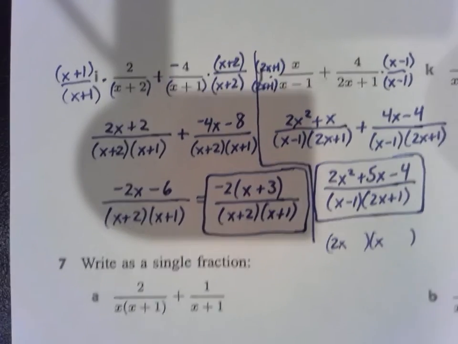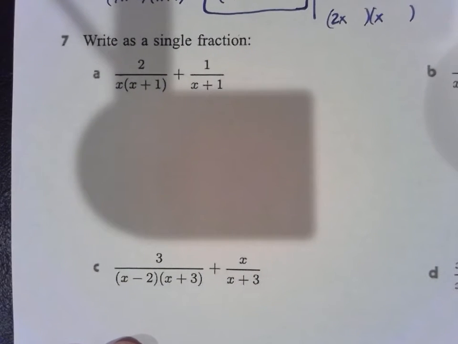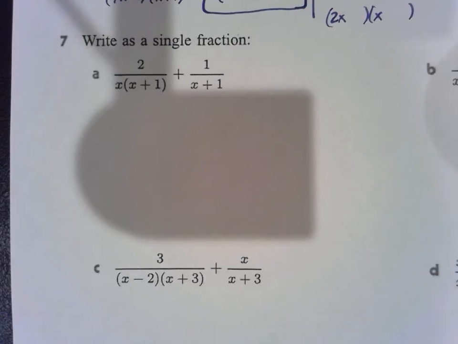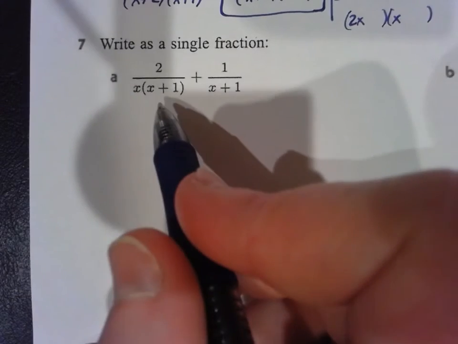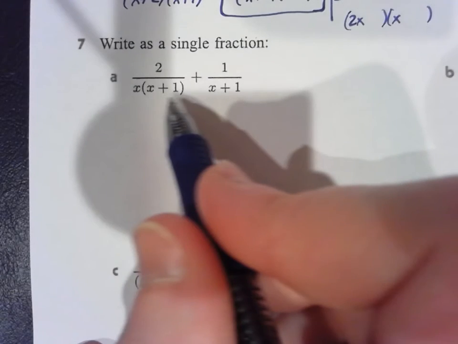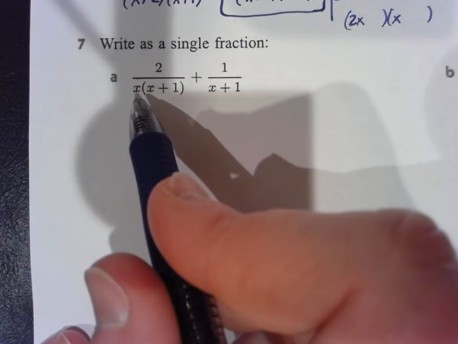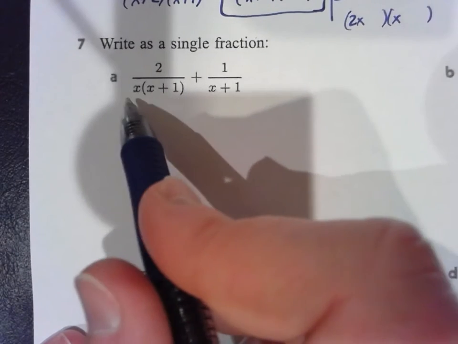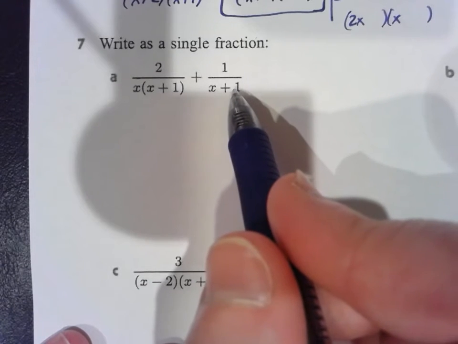Okay. The last section is very similar. So in 7a, I need to figure out my common denominator because it's addition. And so I see an x times x plus 1 in the first fraction, and I've got an x plus 1 in the second fraction.